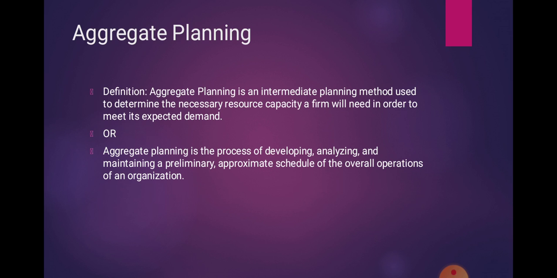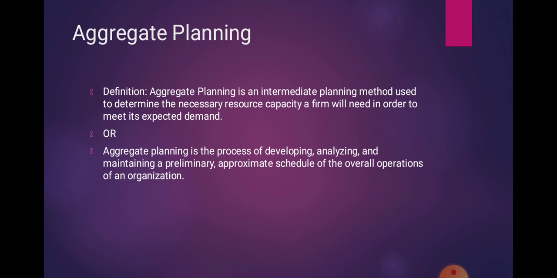So we compare these definitions and explain the points involved in this definition one by one. We take the second definition, which I already told you: aggregate planning is the process of developing, analyzing, and maintaining a preliminary and approximate schedule of overall operations of an organization.